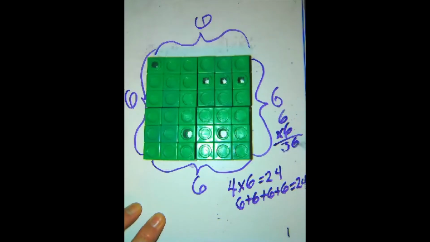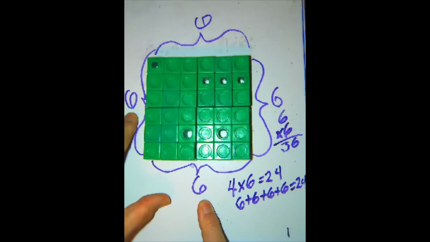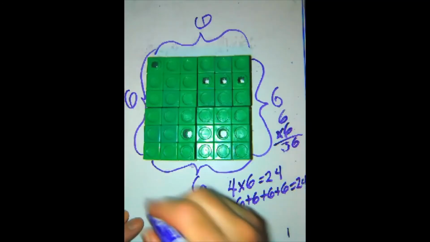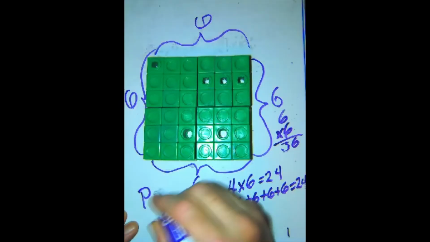So you see, perimeter and area are related, and sometimes it's confusing to children because they see the same numbers show up in some cases. You have to remind them that for perimeter, you're talking about the distance around.